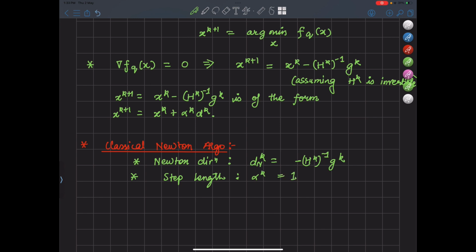All right, so this is the classical Newton method. So we might have some questions related to this method.